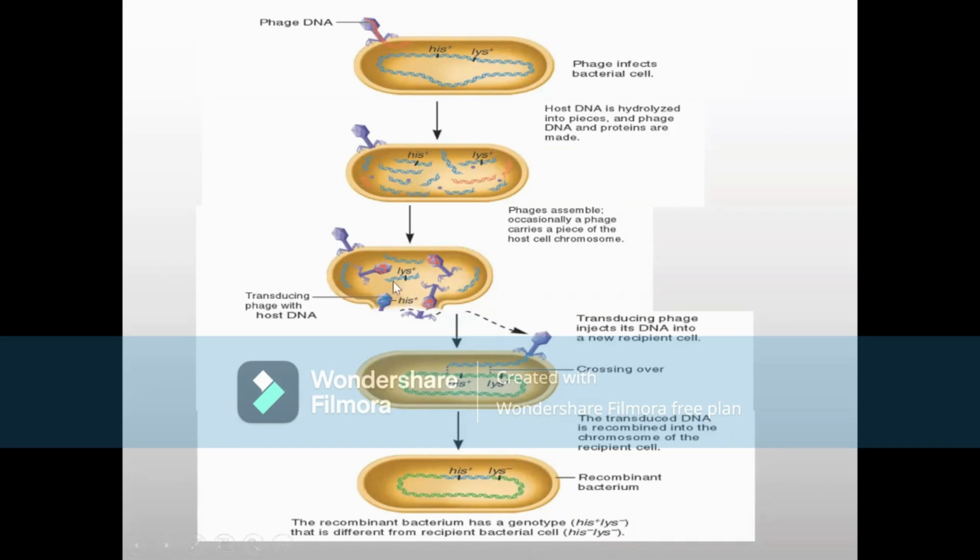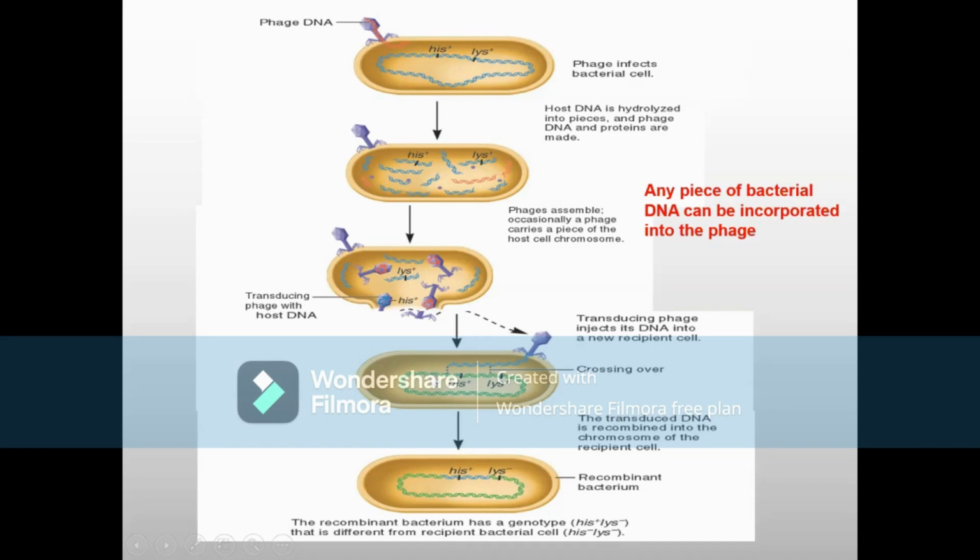the bacterial host genome may get packed into the phage. Hence this phage is known as the transducing particle, and it carries the host genome of the one cell. Again, it will infect another healthy host.